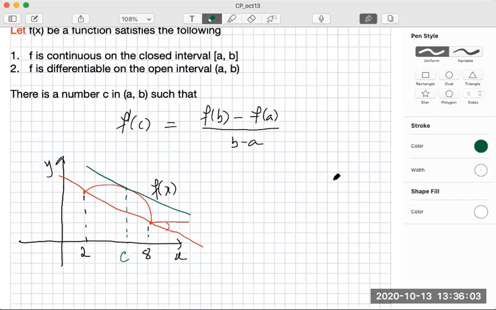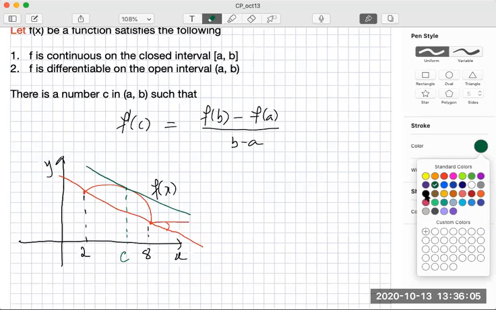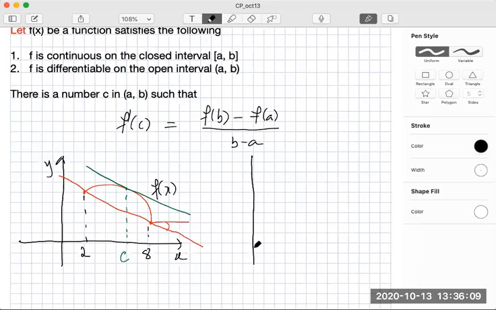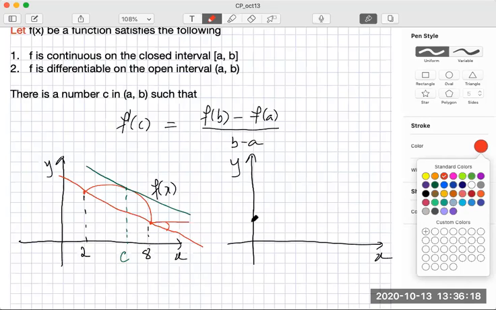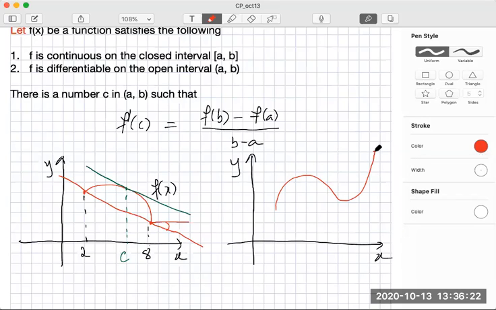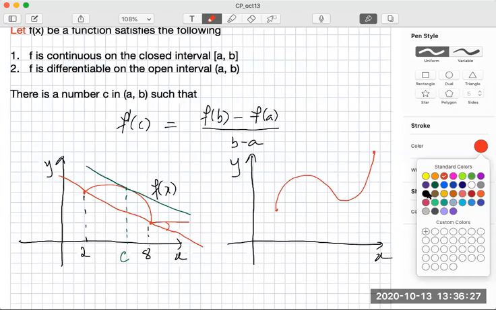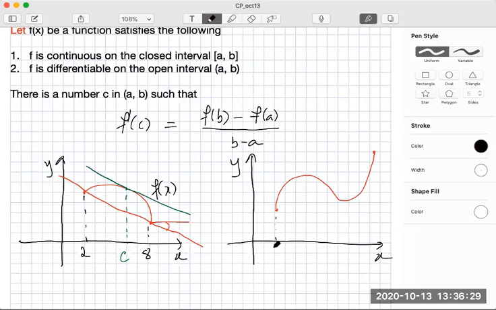And another situation. Somehow, if we are given a graph like this one, in general, it goes from A to B here.